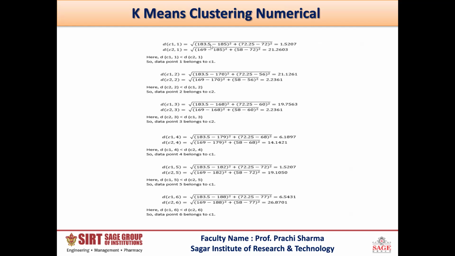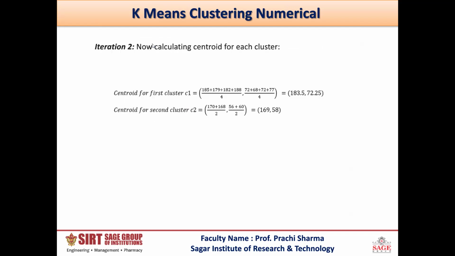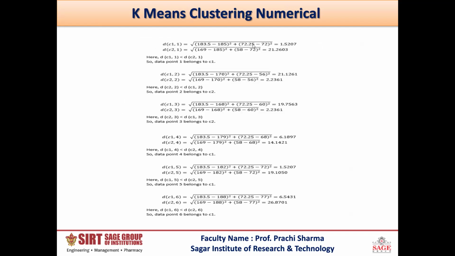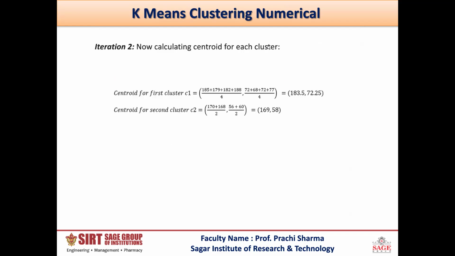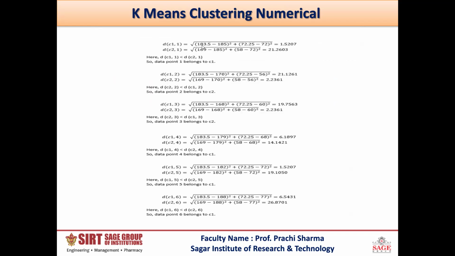So for the first cluster, it is 183.5 minus 185, where 185 was the value of our X point, plus 72.25, the new value of our C1 Y, minus 72, where 72 is the value of Y. After calculating this, we get 1.5207.